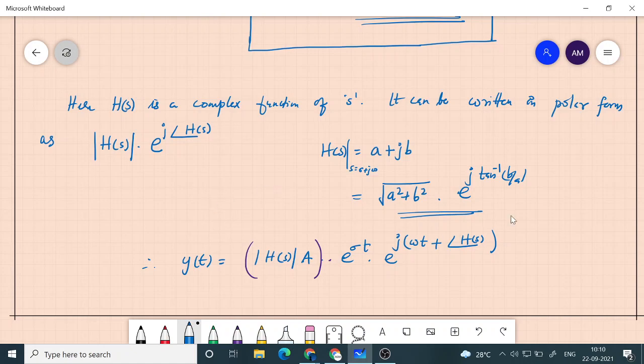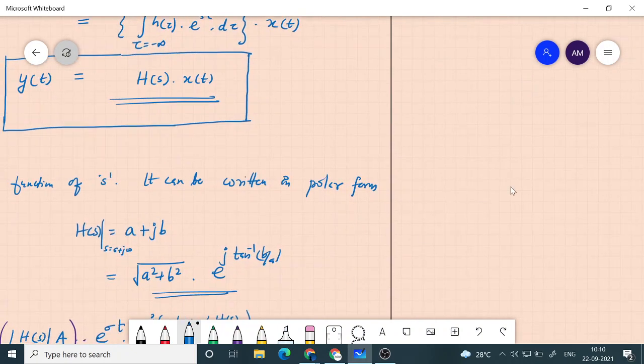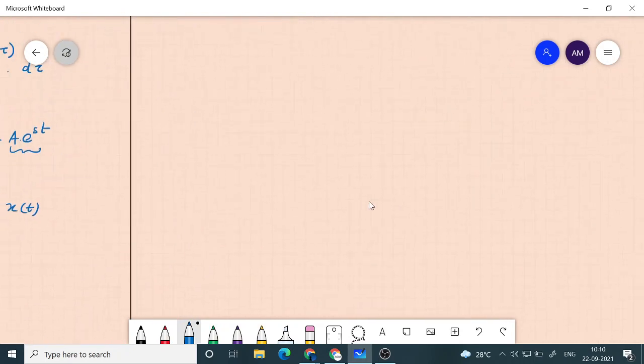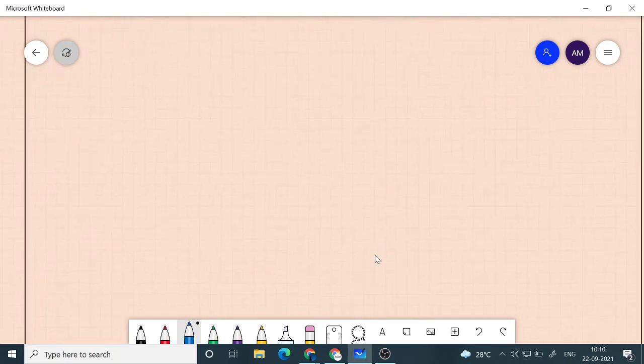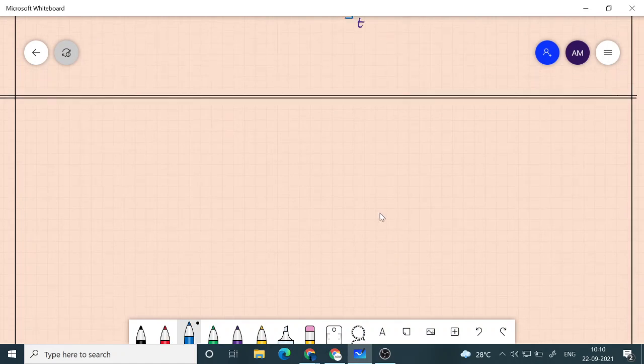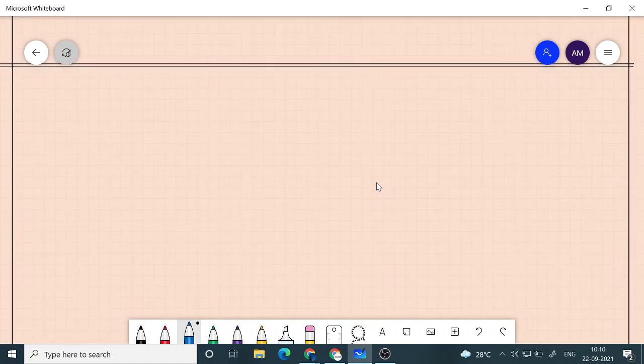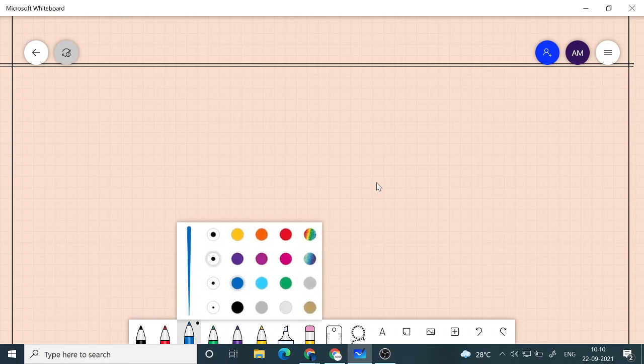So this is what my output is going to be. This is very, very special. You can't have this simplification for any signal, only for an exponential signal will you get this simplification. So let me write it again.